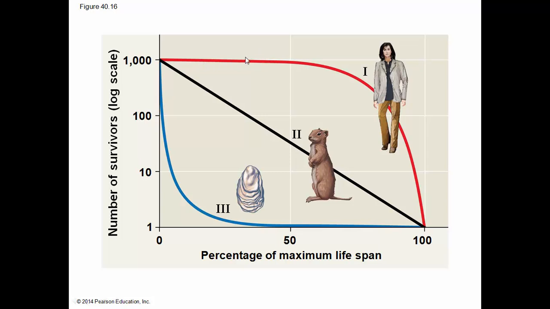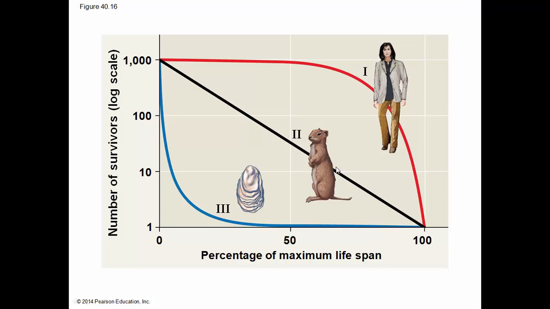Giraffes are like this. Most mammals are basically like this. Giraffes, elephants, animals that invest a couple of years in taking care of their offspring, and then those offspring make it to later years where they die of old age or disease.